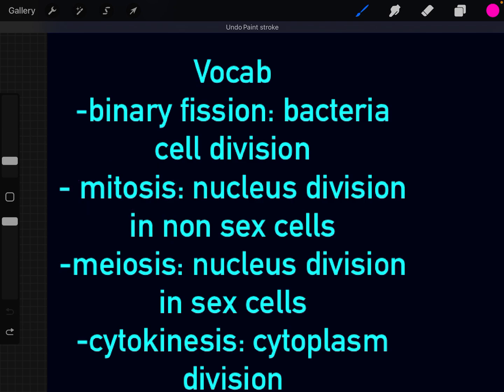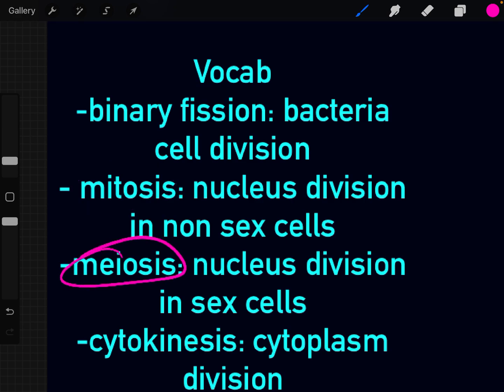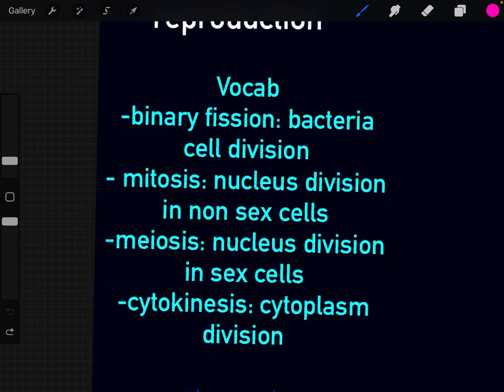And meiosis is basically the same thing as mitosis in terms of definition, except it's nucleus division in sex cells. So this is used for human reproduction. And we have cytokinesis, which is division of the cytoplasm. And the cytoplasm is basically the rest of the cell that's not the nucleus.